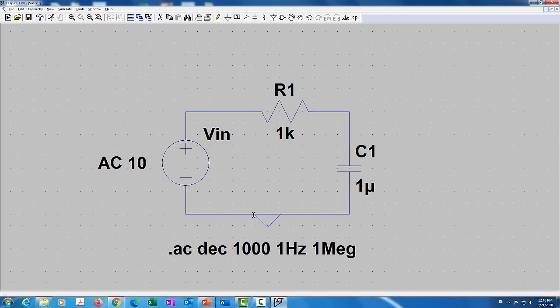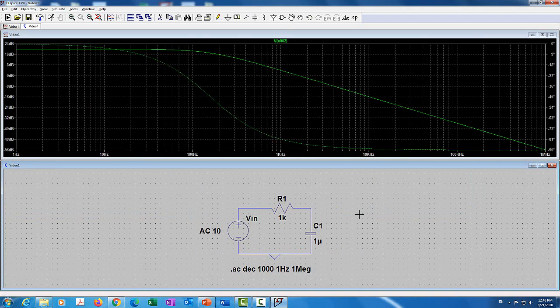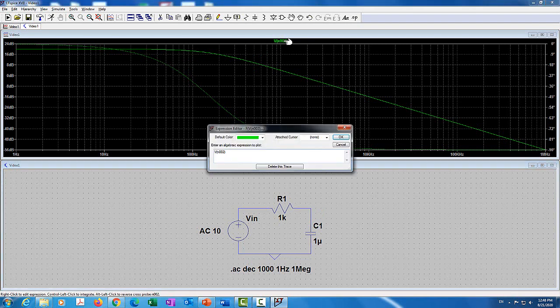Now we are going to simulate the circuit. I'm going to click on Run, and now I want to plot the gain. The gain is Vout, which is this node, over Vin, which is this node. I'm going to click on Vout, but this is not the gain, this is Vout. Before I go into the graph, to find the gain, I'm going to come on top of node 002 and right click on it.